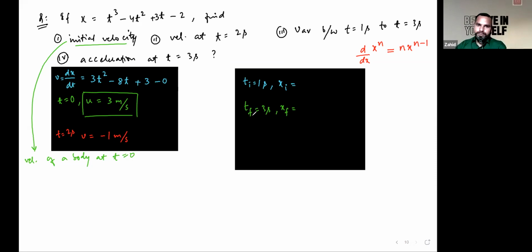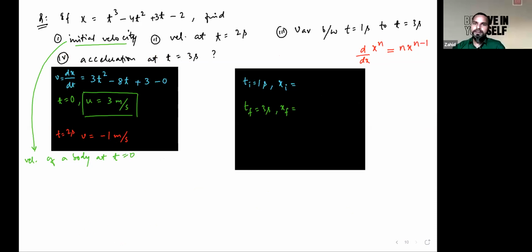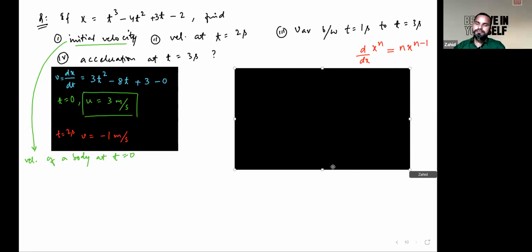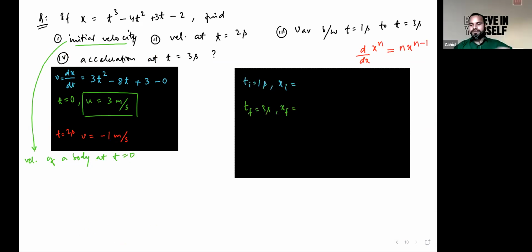Just put the values of ti and tf in the first equation, you will get xi and xf. Now on putting all these values in this expression, you will get average velocity. Is it clear? Yes, sir. Try to solve.